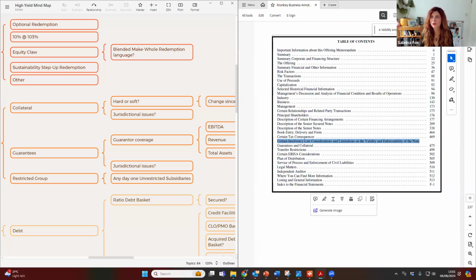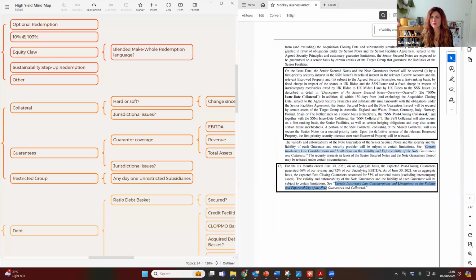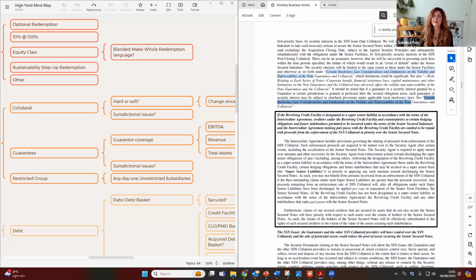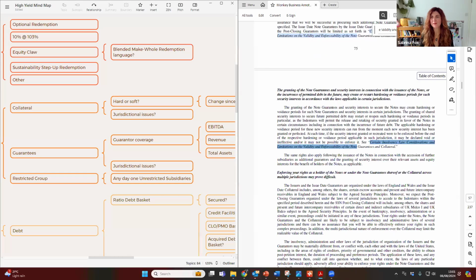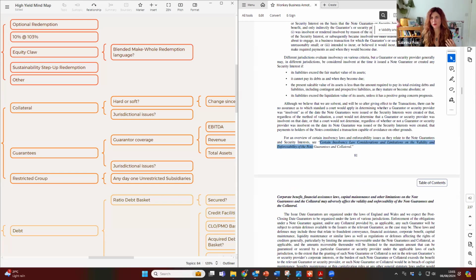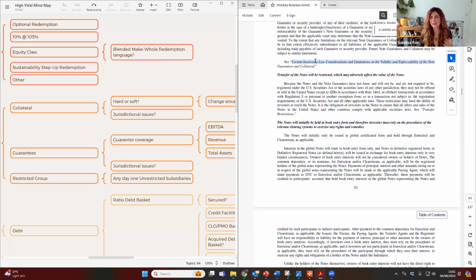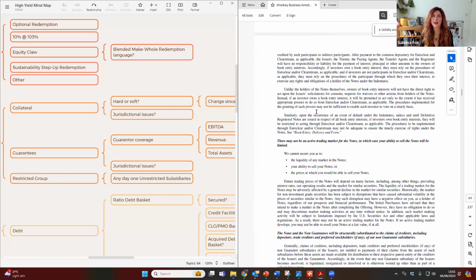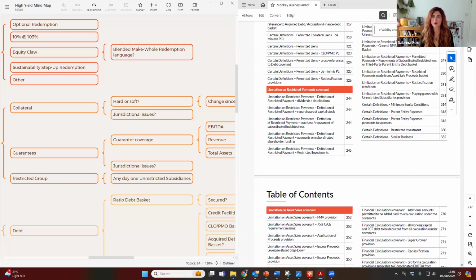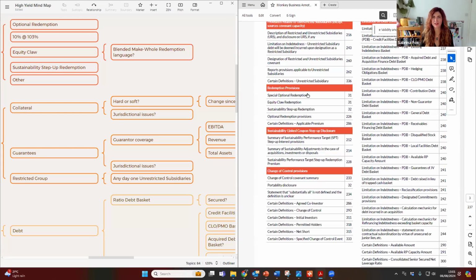This is not going to let me click on it to get to it, but in any event, this section is going to have a much more fulsome disclosure about the specific risks that are present here. It's actually not going to take me there, but frankly, I've had enough legalese for one day in any event. And as I said, the really key risks will be pointed out in the risk factors section. So I'm happy with that analysis at this point.